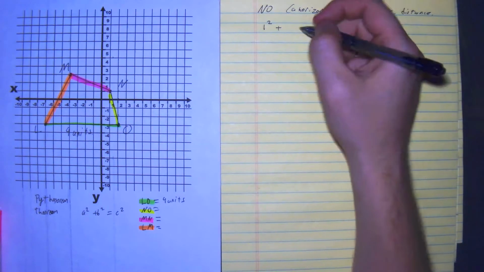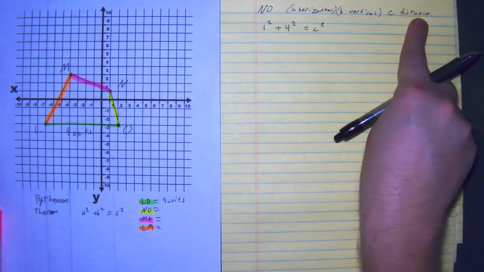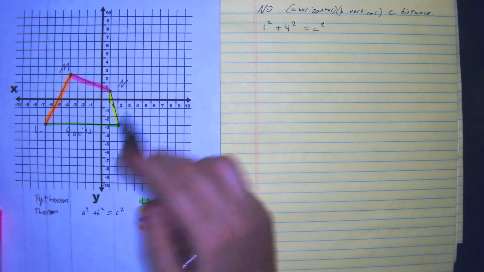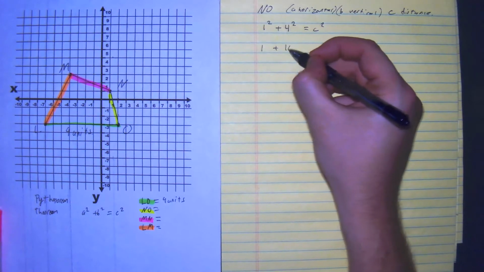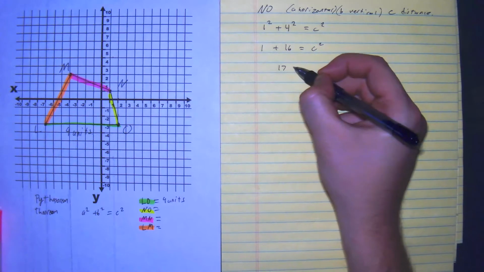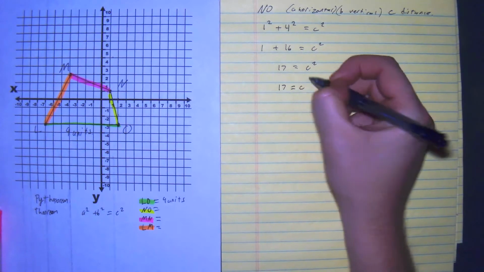So the distance between that is 4. This is equal to c squared, which is the distance. From here we have 1 squared, which is 1, plus 16 equals c squared. 1 plus 16, 17. 17 is equal to c squared, therefore our answer is the square root of 17 is equal to c.